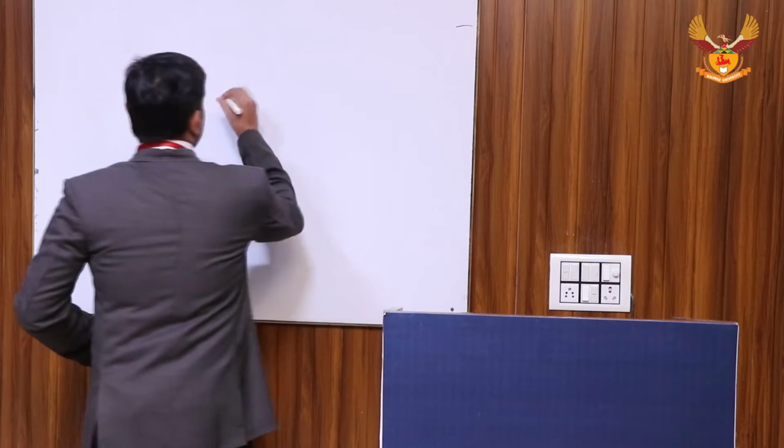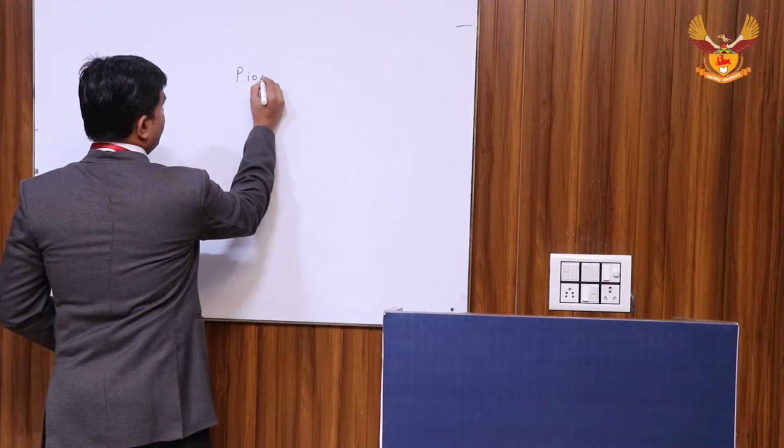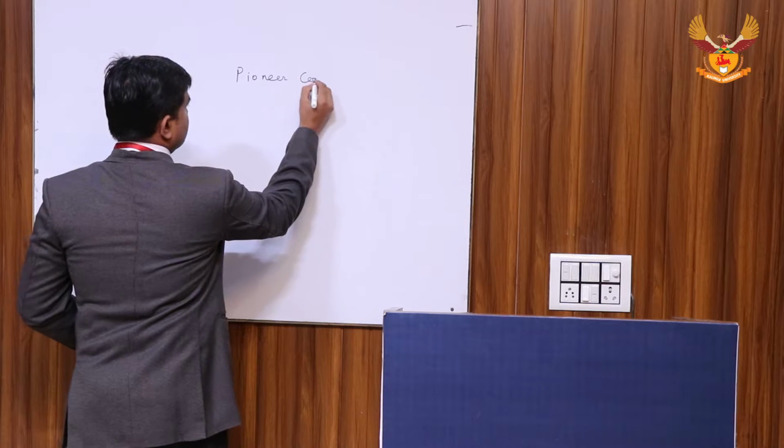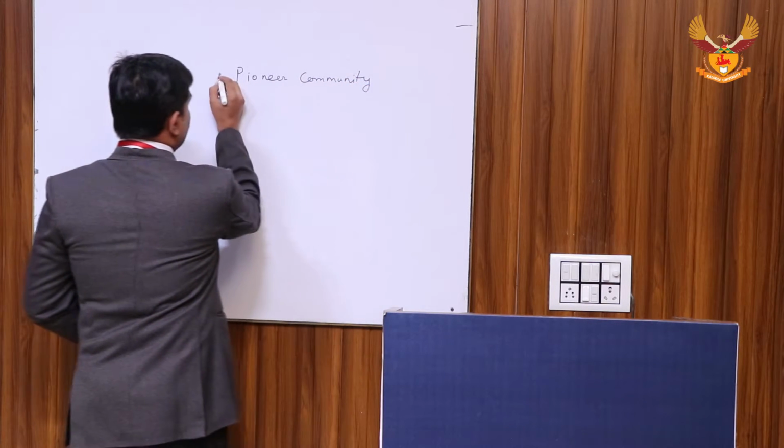Suppose a volcanic eruption has occurred in an island and you have lava all over the island. Now after certain 50 years or 100 years of time, the area will be occupied by primary community or the pioneer community. So the first community which occupies the area is called pioneer community.